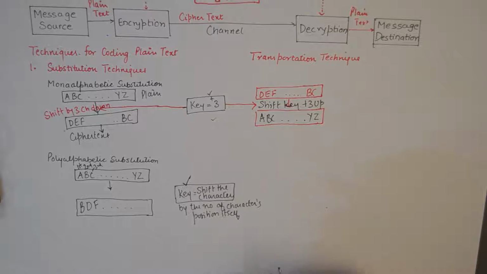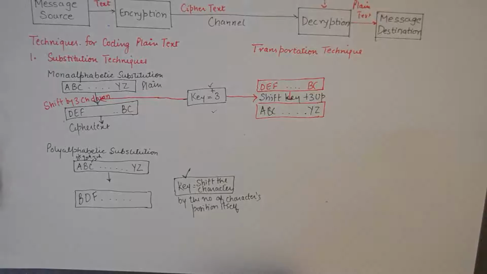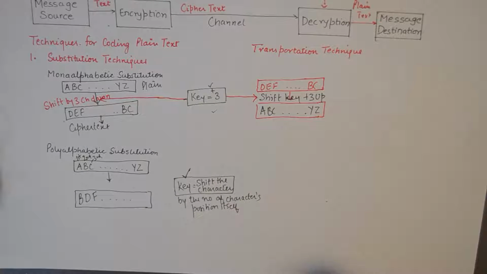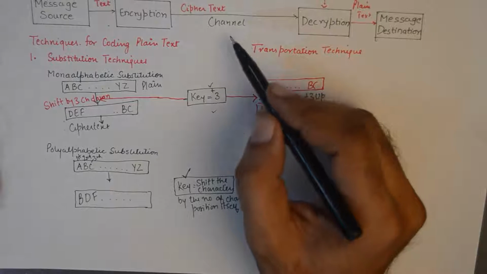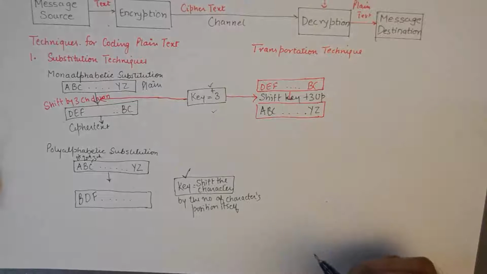This way, the encryption of the plain text is much more complicated than what was being done here in the monoalphabetic substitution technique, and the likelihood of this data being stolen and decrypted by someone over the channel becomes very low.